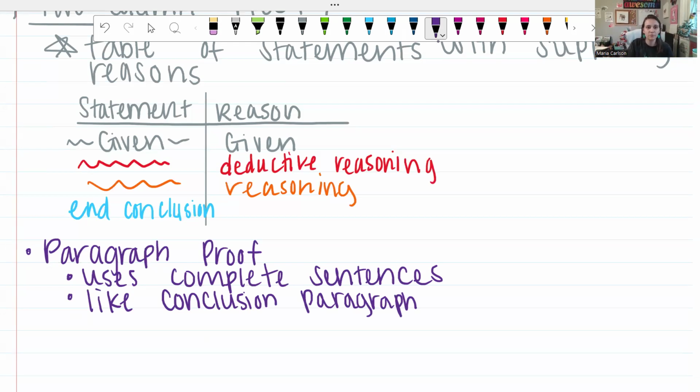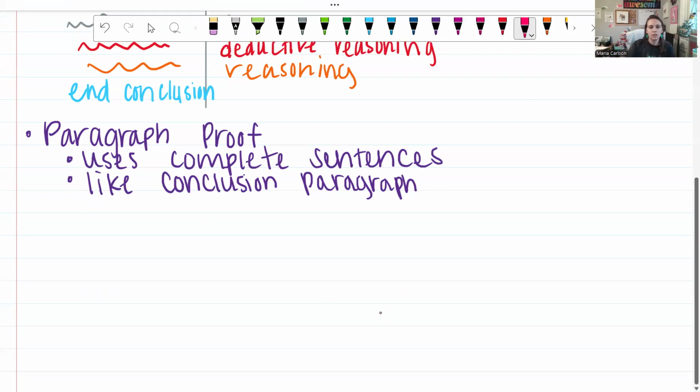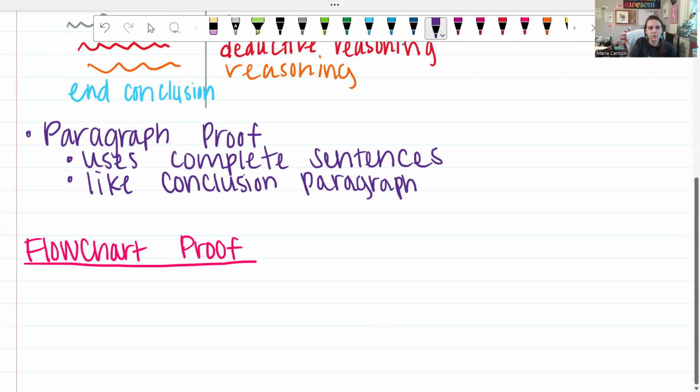So we have paragraph proofs. We also have flowchart proofs. And a flowchart proof, I meant to underline paragraph proof. A flowchart proof is definitely the more visual option.